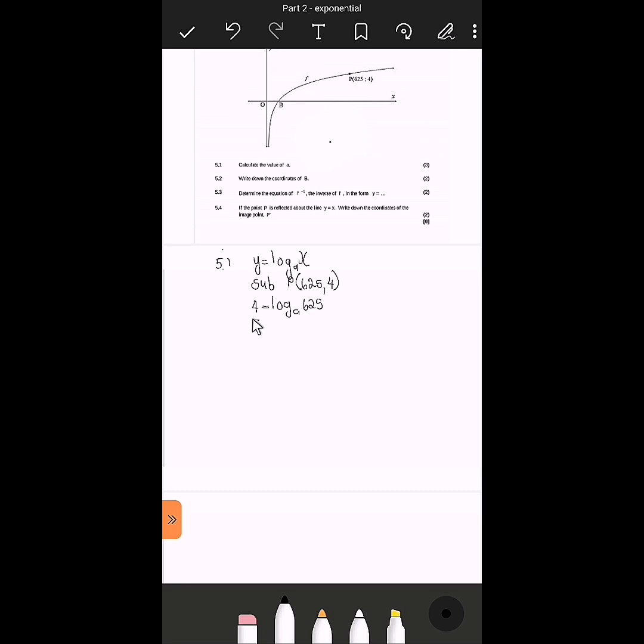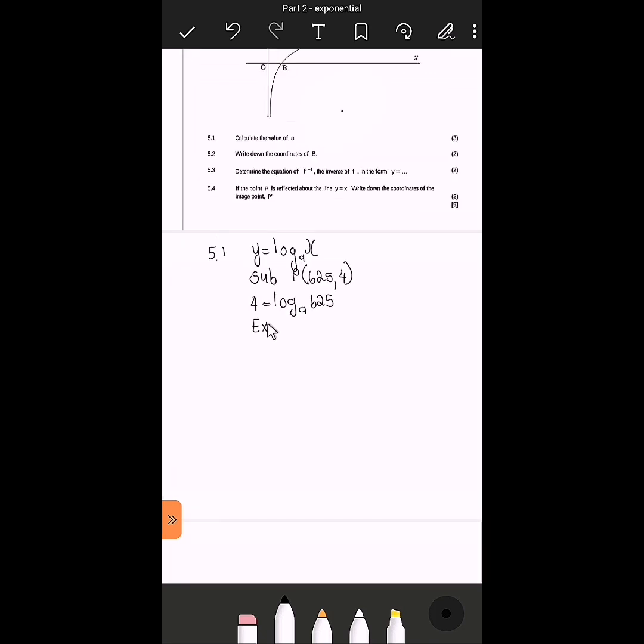The next step is to write our answer in exponential form, which is base to the power of y equals x. So this is the base, to the power of y, which is 4, equals x, which is 625.